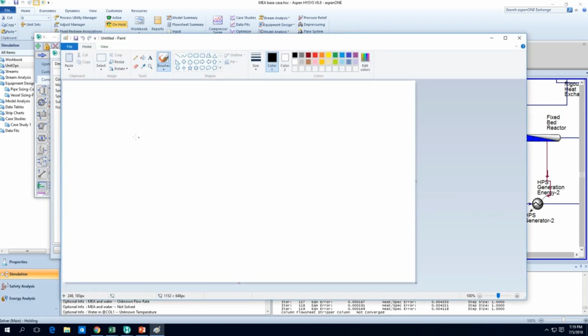So let's say you have this curve, and there's an intersection point over here. Let's say this is the place where you have the convergence. HYSYS maybe will initially guess something like here. Then after the step size of iteration, it will try to jump to here.